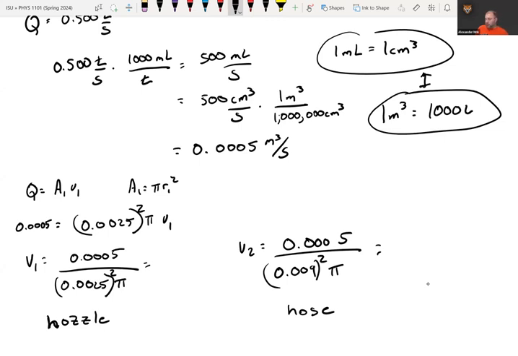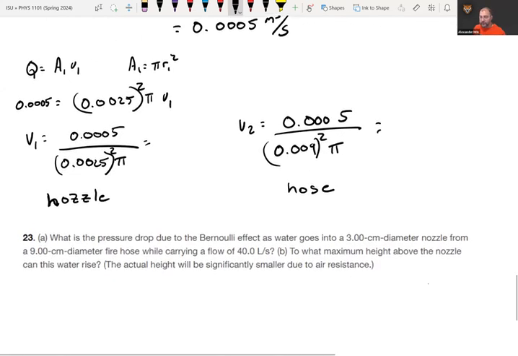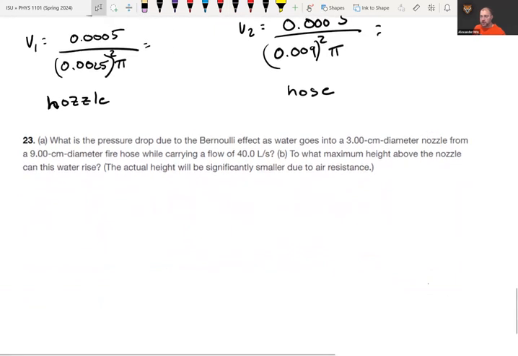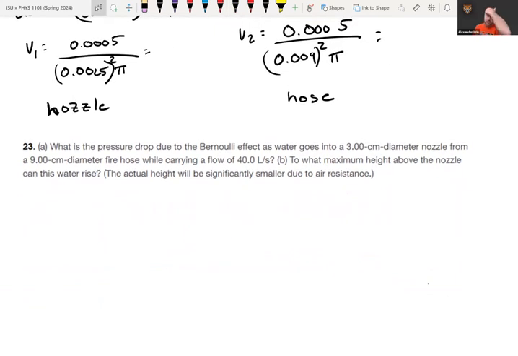Now I want to go grab a problem on Bernoulli's equation. Okay, so this one I want to talk about because this is going to use all aspects of the Bernoulli equation. And sometimes people have a hard time identifying the appropriate values to use in various different aspects of this.